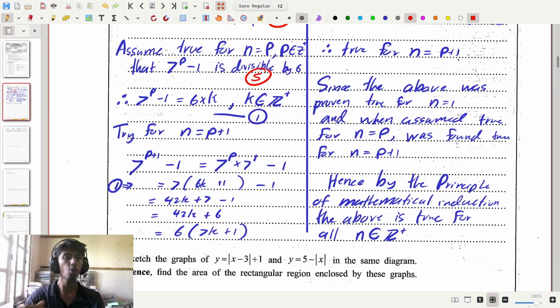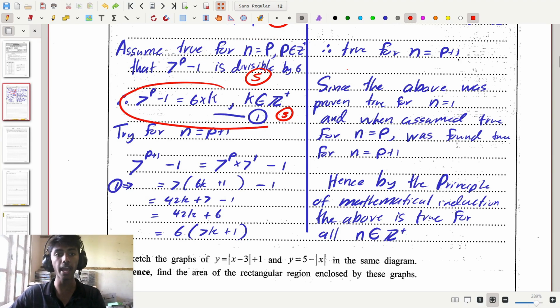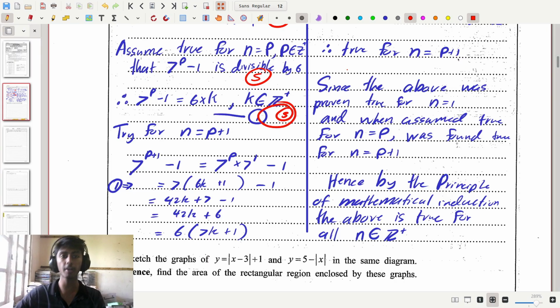After this, when you formalize the statement by saying 7 to the power of p minus 1 is going to be equal to 6 times k, you get another 5 marks. So when you write this part where you say it is divisible, you will get 5 marks. And when you define what it means to be divisible as this right here, you get another 5 marks.